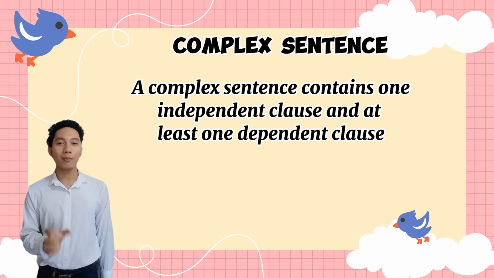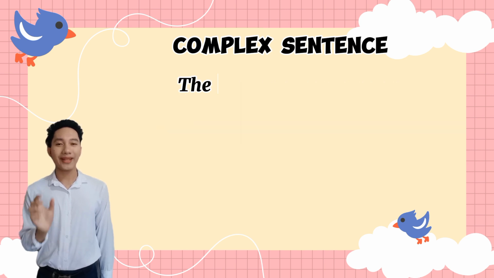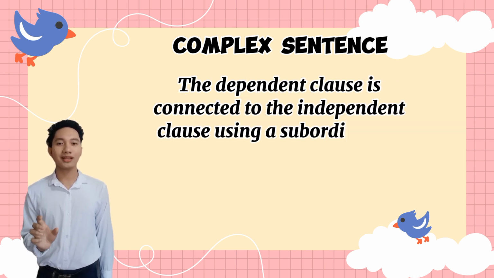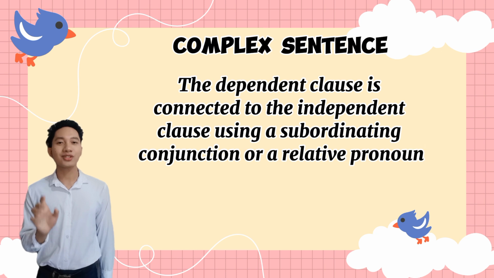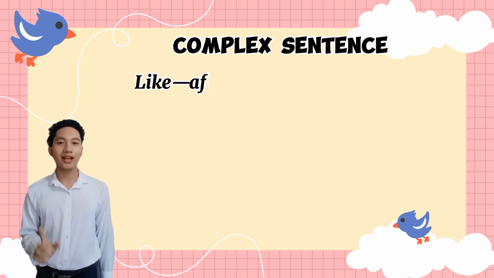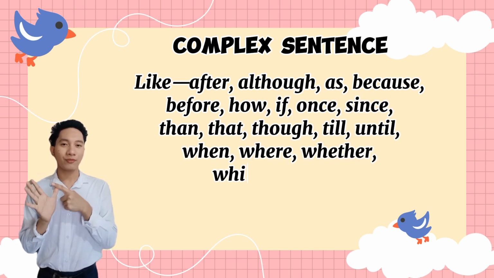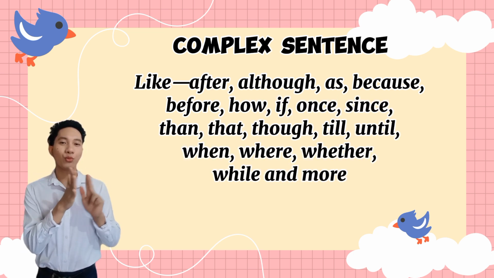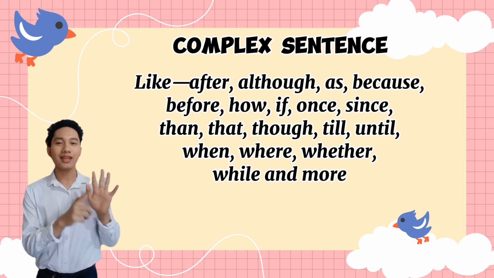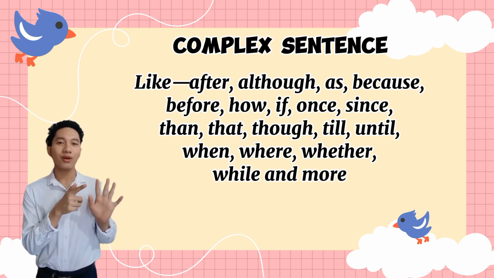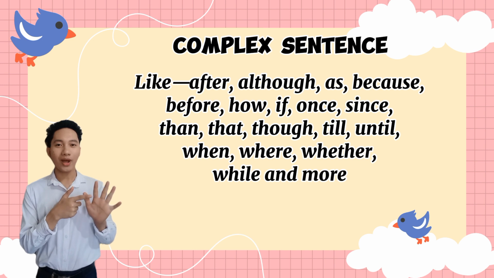So in a complex sentence, the dependent clause is connected to the independent clause using a subordinating conjunction or a relative pronoun like after, although, as, because, before, how, if, once, since, than, that, though, until, where, whether, while, and more.